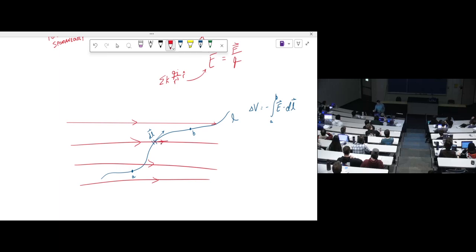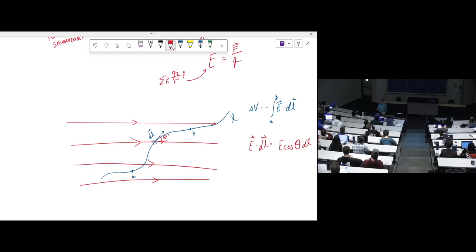So what you end up getting is E dot dl is equal to E cosine theta dl, where theta is that right there. Does that answer your question?